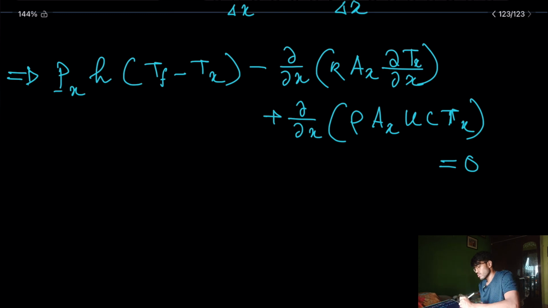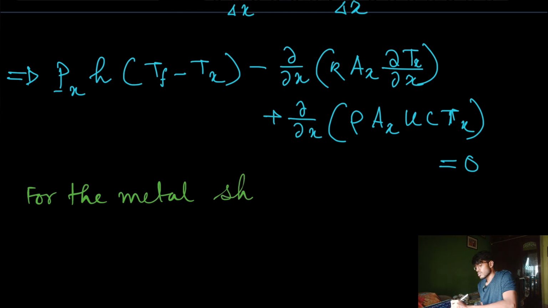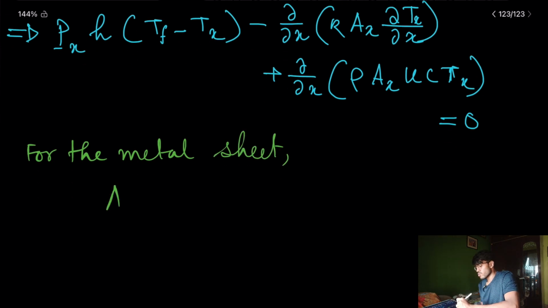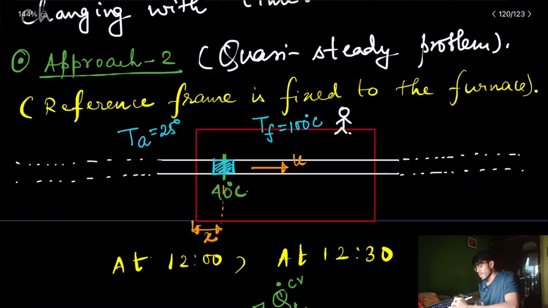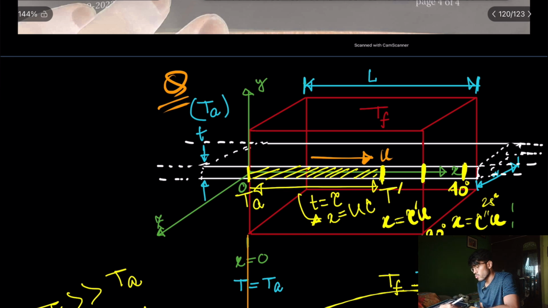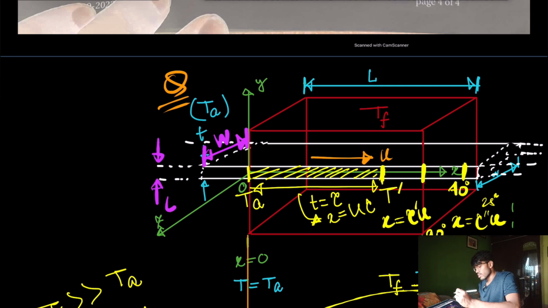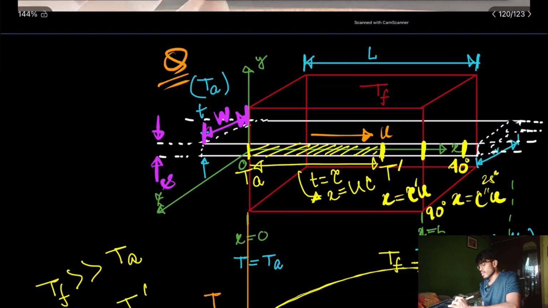So now for the rod, not the rod, for the metal sheet, your ax is, okay, so let us give the dimensions. Have I given already? I think no. So maybe the dimensions that I would like to give here is, this is my width w, and this is my thickness, maybe small l, or I should write thickness as small s maybe. Okay, that is enough.